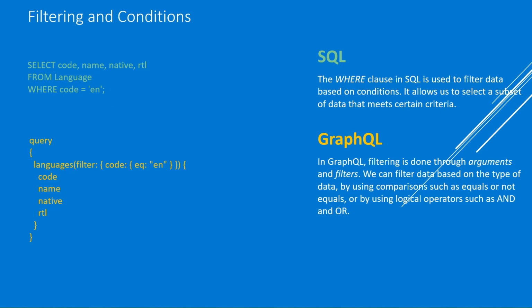Basically you can define filters, or you can use arguments to define what you want. You can also add multiple arguments. You can have and/or logic as well, and use comparisons on your filter and your arguments as well. For instance, here just retrieving whatever code language is English.